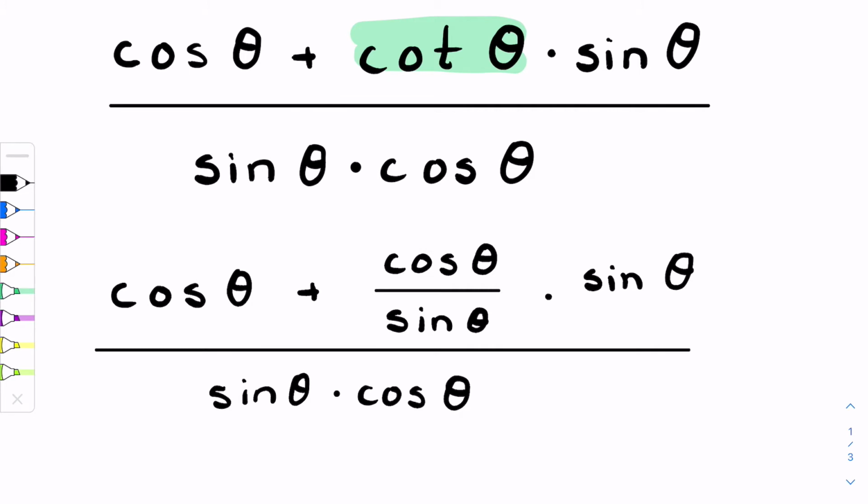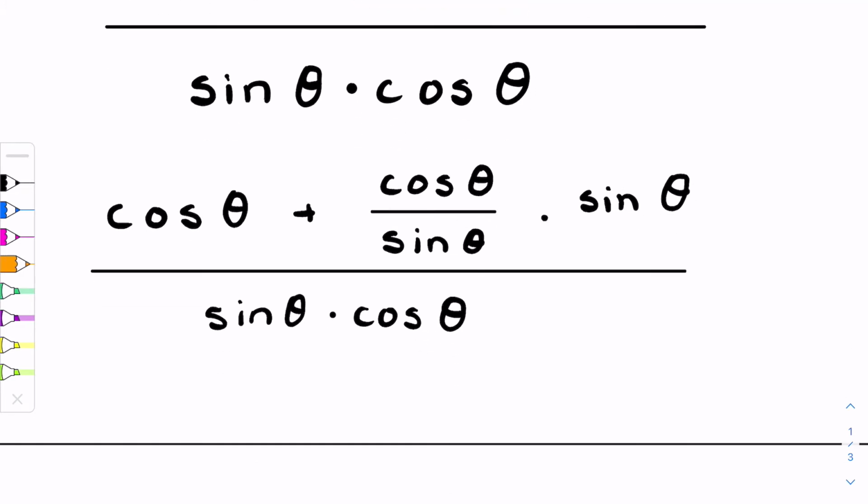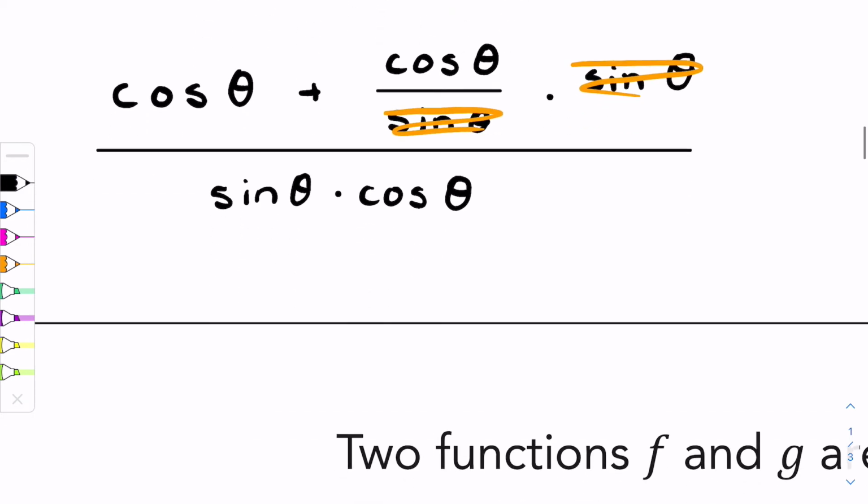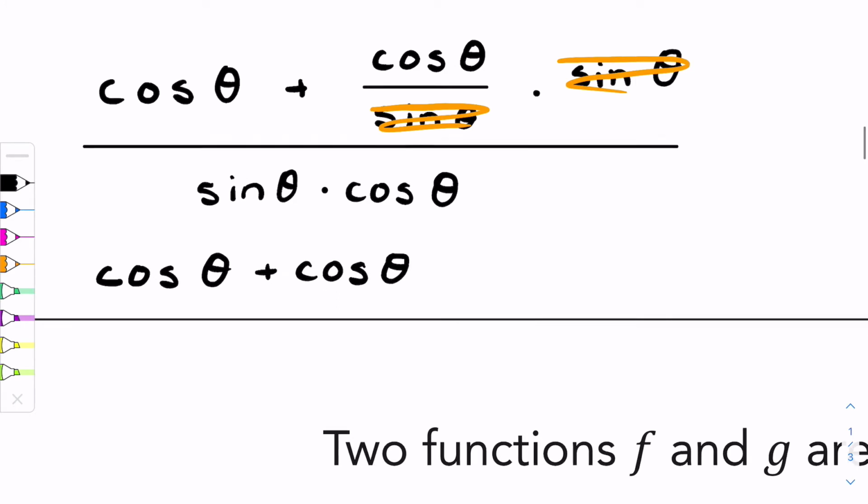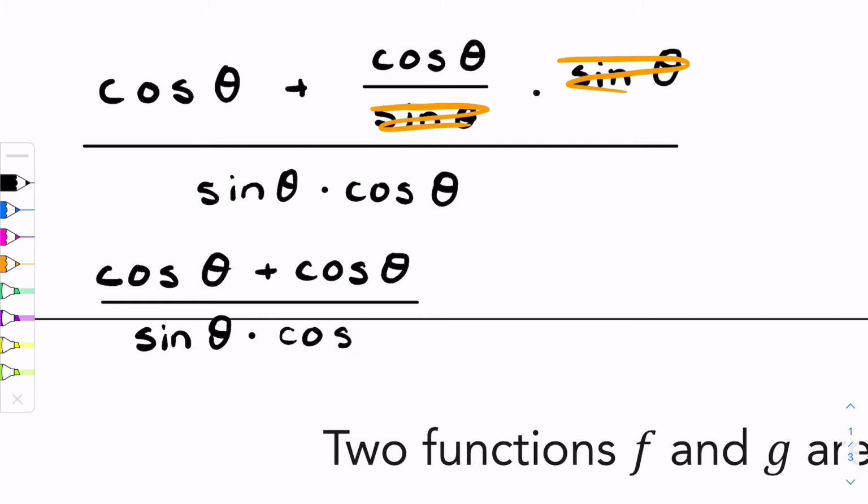Now I can eliminate my value of sine, and I am left with cosine theta plus cosine theta divided by sine theta times cosine theta.